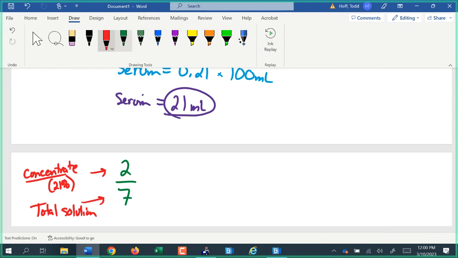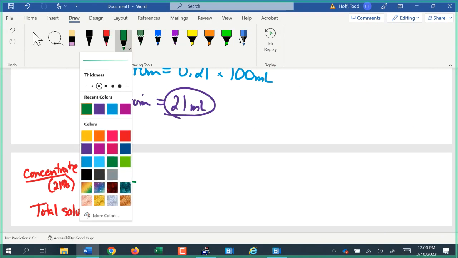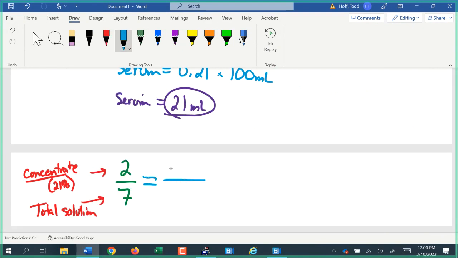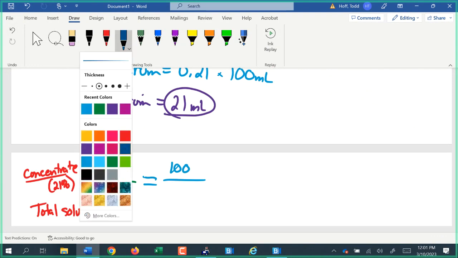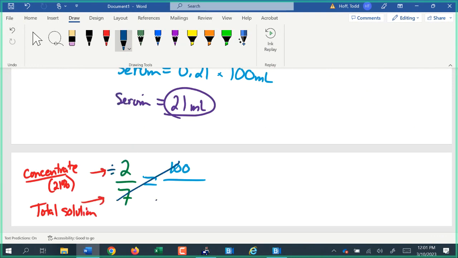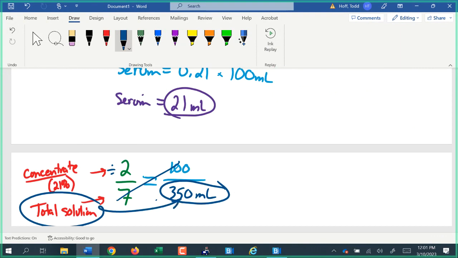So remember, we said we were starting with 100 milliliters. So we cross multiply and divide. 7 times 100 divided by 2 is 350. So we're ending up with 350 milliliters of total solution after that dilution.